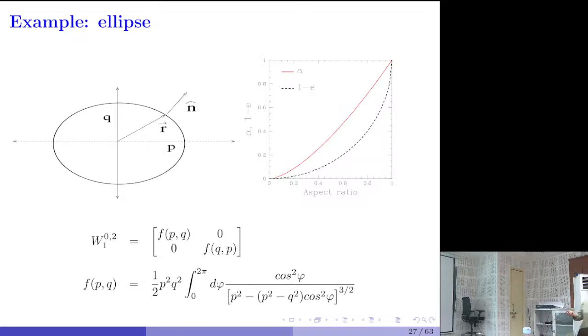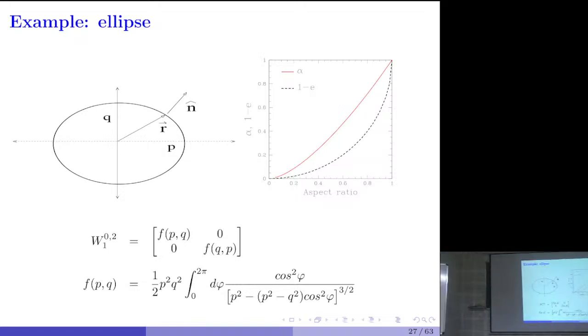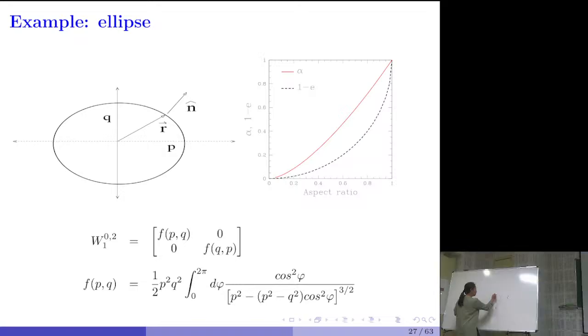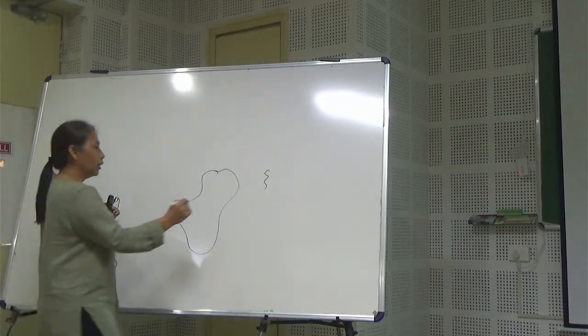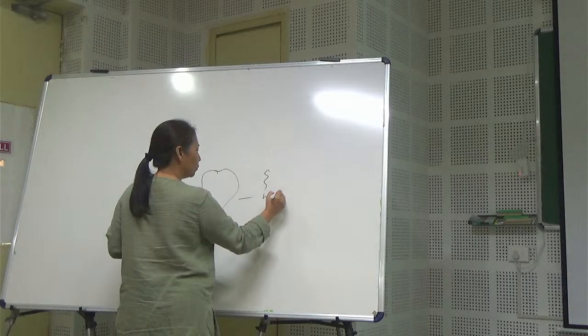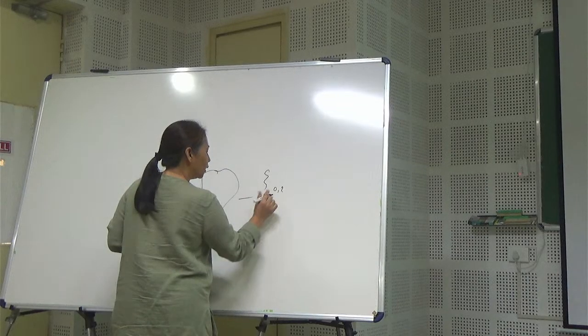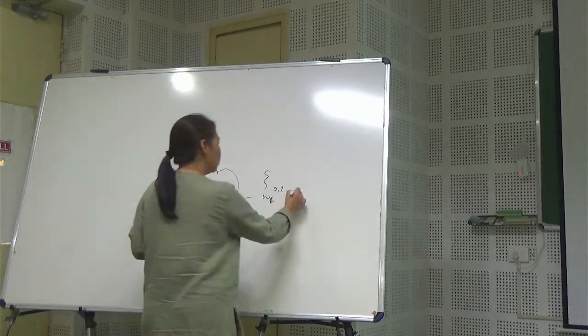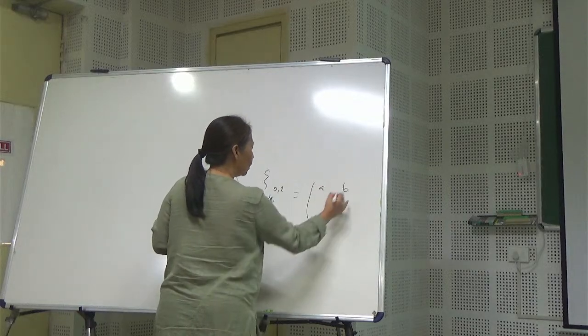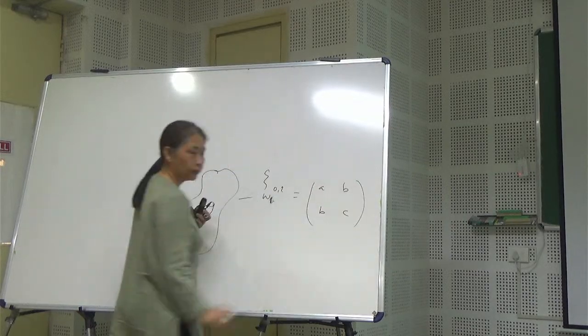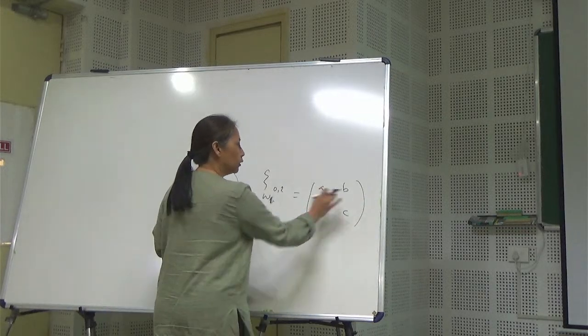So given an arbitrary shaped curve, I will compute. Okay, so some random shaped curve will be given to me. I compute W201, W102. It will have some elements A, B, E, C. Because it's a symmetric matrix, there are 3 of them.